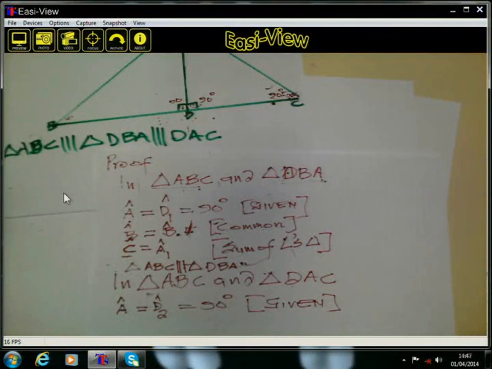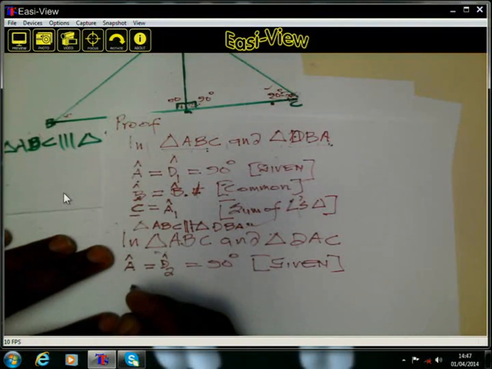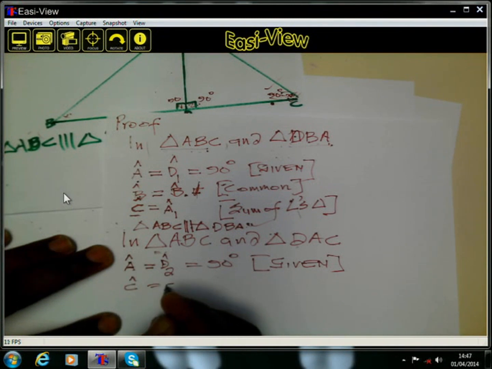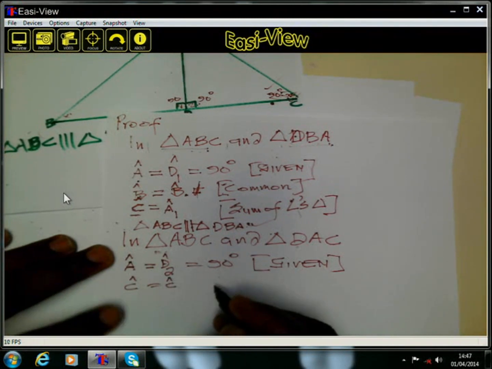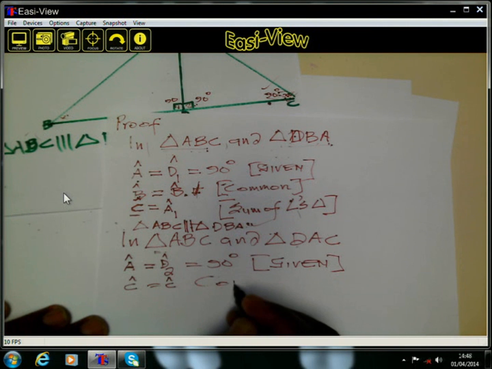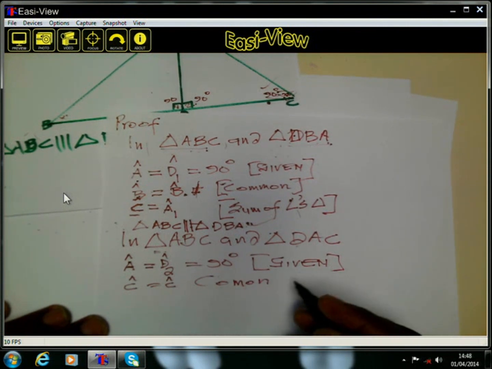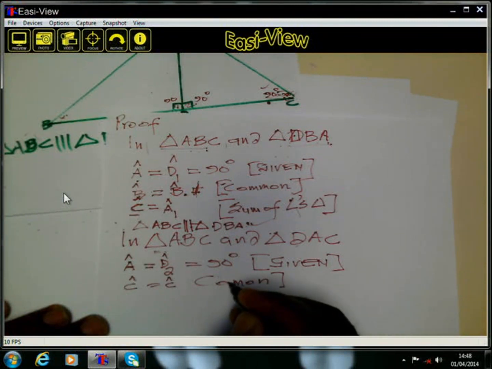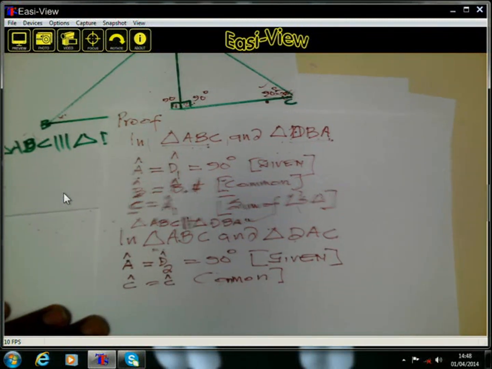So C is common in both triangles. C is equal to C, a common angle in both of them.